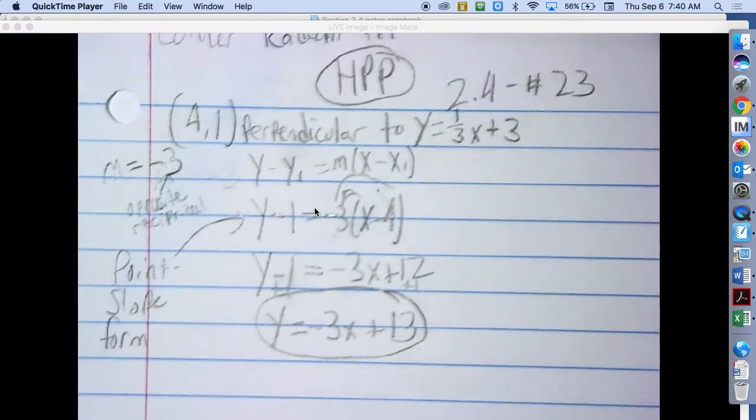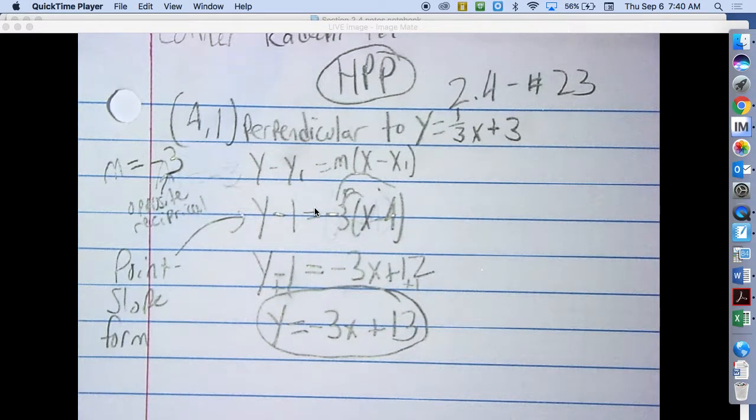So Connor has the perpendicular problem, 23. The last group of problems asked you to work with parallel and perpendicular lines. The line passes through the point (4, 1), and it's perpendicular to y equals 1/3 x plus 3.